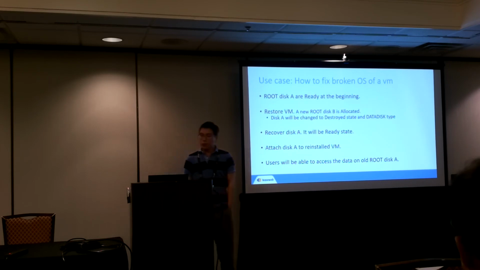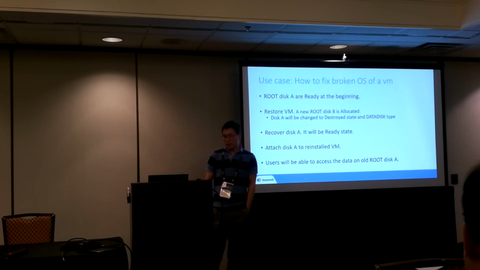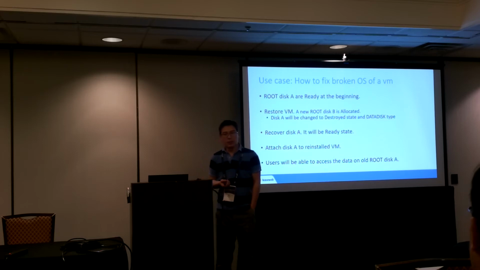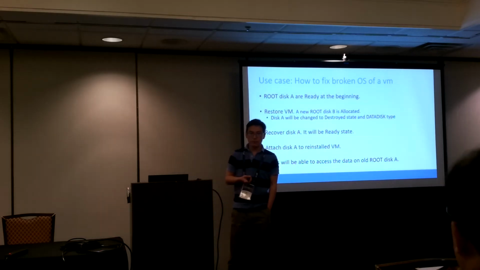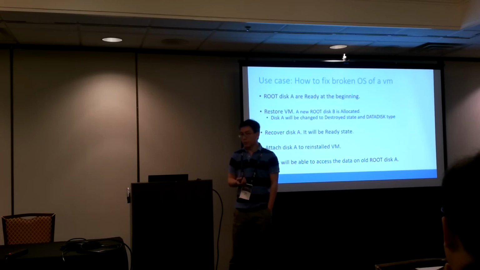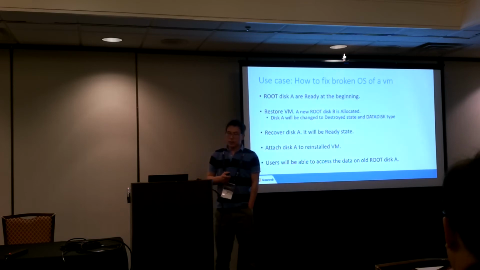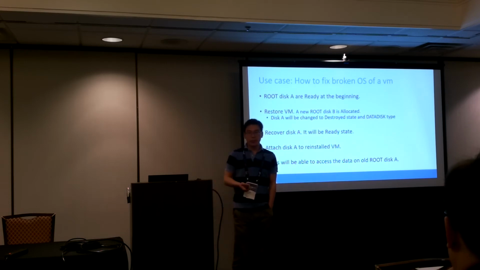One use case for this change, for example: if the operating system of a virtual machine is broken, then we try to fix it. Normally, we can restore the virtual machine, and then a new operating system will be installed in the virtual machine. In mainstream CloudStack, when we restore the virtual machine, the image will be gone, so we cannot get any data back.